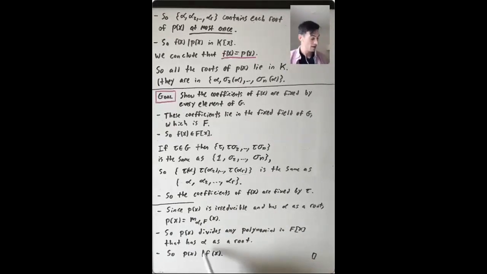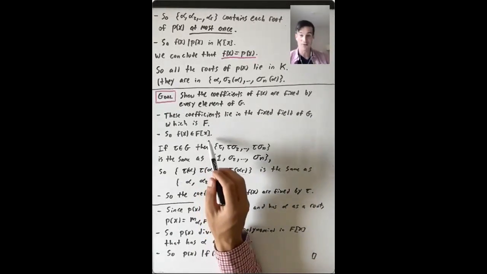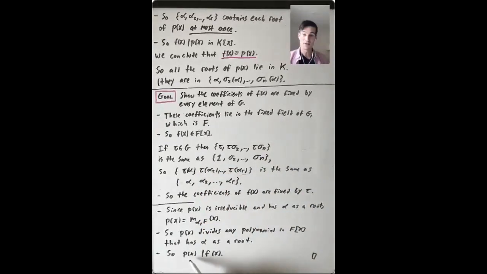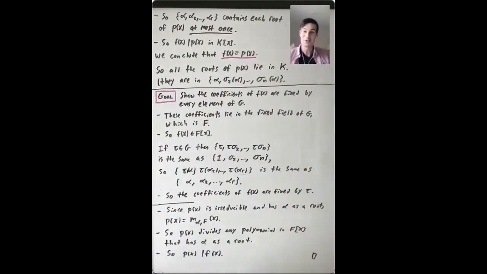In particular, this polynomial f of x is a polynomial in F[x], and it has alpha as a root. So we conclude that p of x divides f of x. We've already seen above that f of x divides p of x, so they are equal. And this completes the proof of this result.